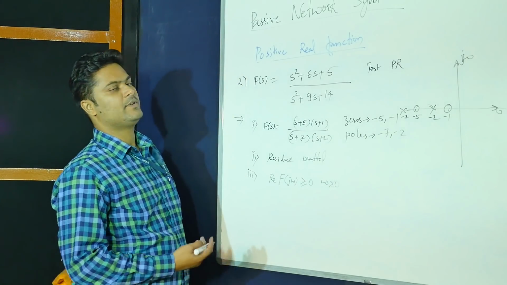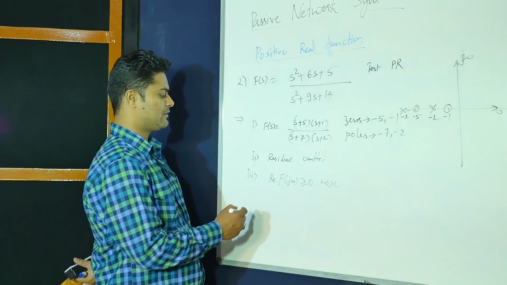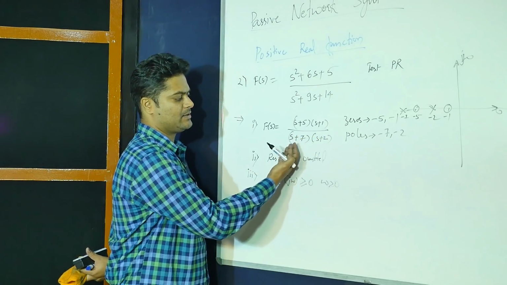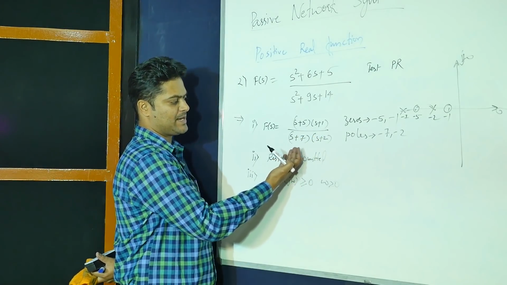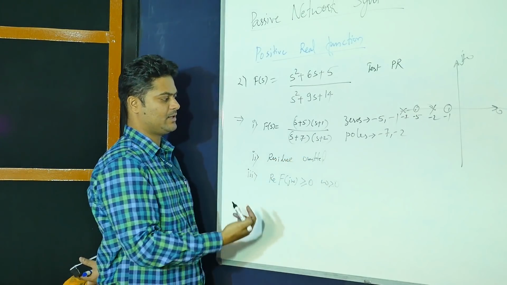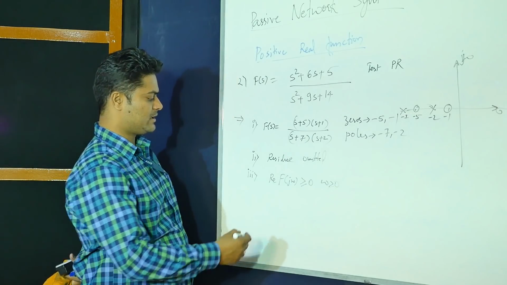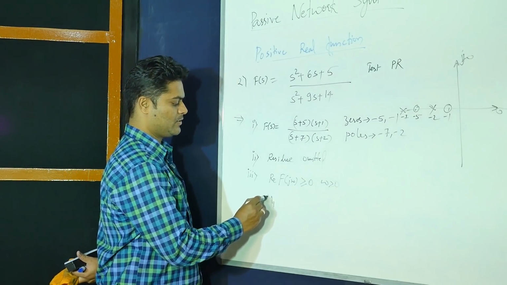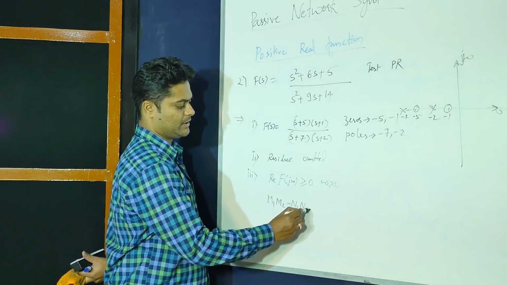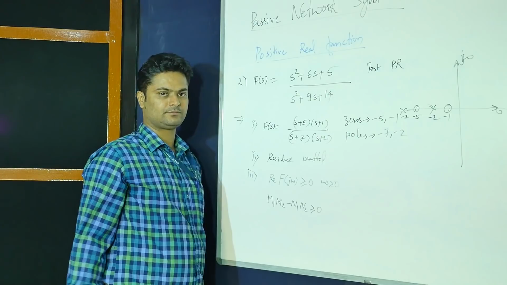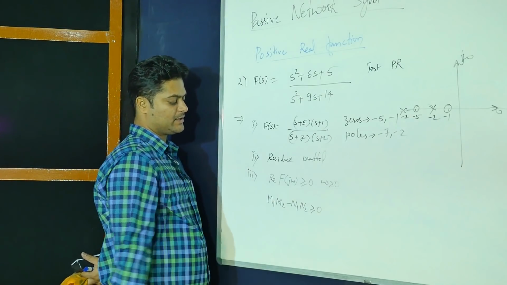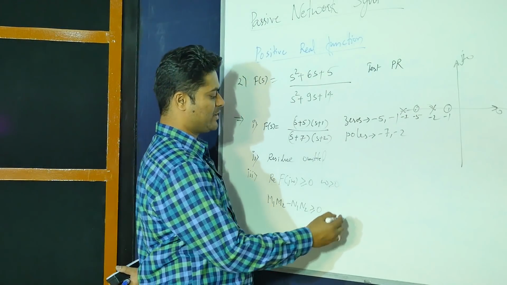As we have seen in the previous problem, rather than multiplying by the conjugate, we can straight away find whether m1 m2 minus n1 n2 is greater than or equal to 0. First we need to find which is m1 and m2.